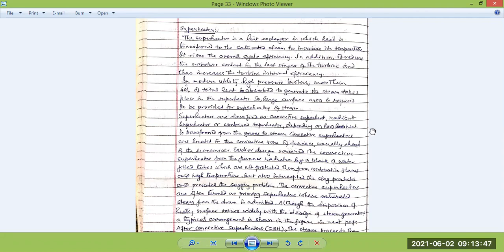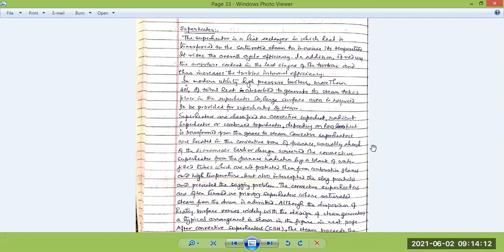All three processes are used: convection, conduction, and radiation. Mostly the radiant superheater, or sometimes a combination of conduction, convection, and radiation. Three types of superheater are possible, which is very clearly denoted by how we are transferring the heat. What is the method of transferring heat, either by convection, conduction, or by radiation itself?